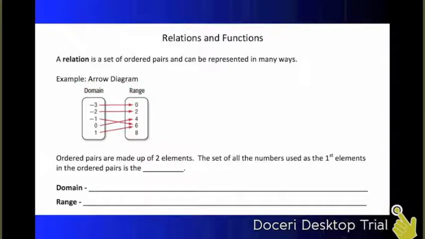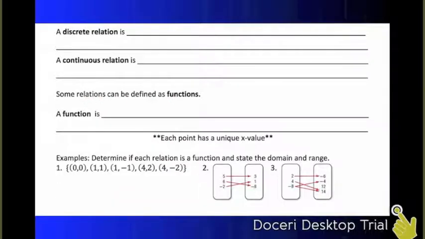So, a discrete relation is a relation with a finite set of points. A continuous relation, on the other hand, is a relation with an infinite set of points.